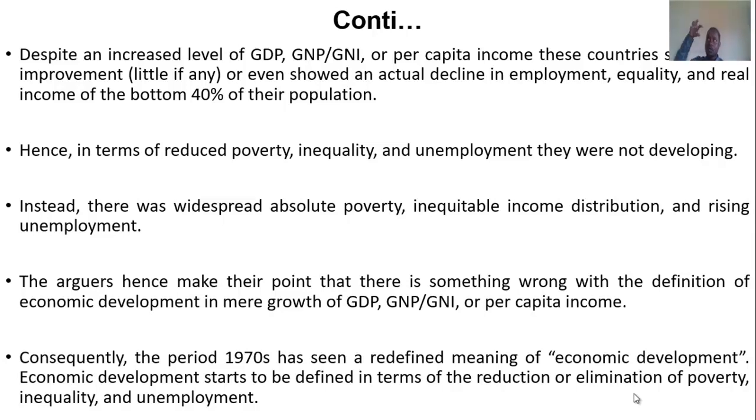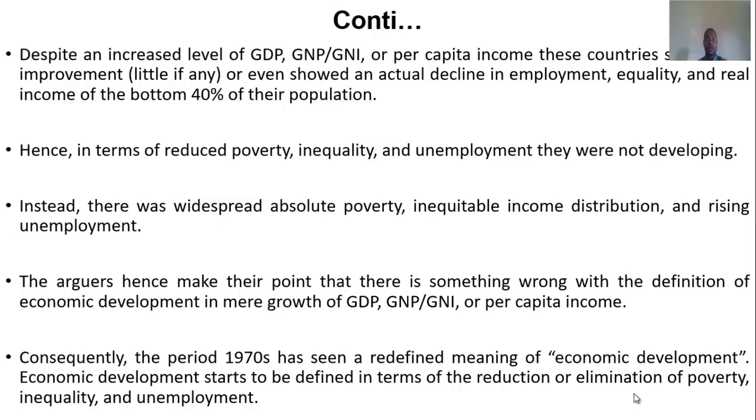The resource was controlled just by the few, and they were not creating jobs for the vast majority of the population. They were not paying the required amount of taxes to the government. And then the spillover effect is underdevelopment. Hence, in terms of reducing poverty, inequality, and unemployment, they were not developing.